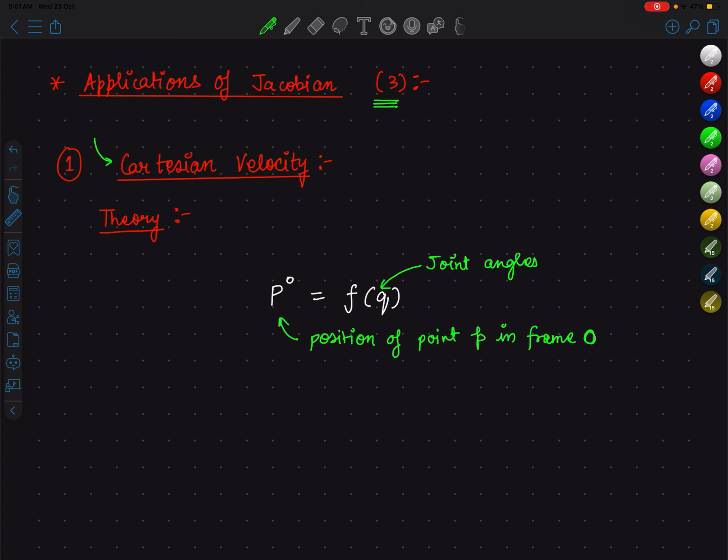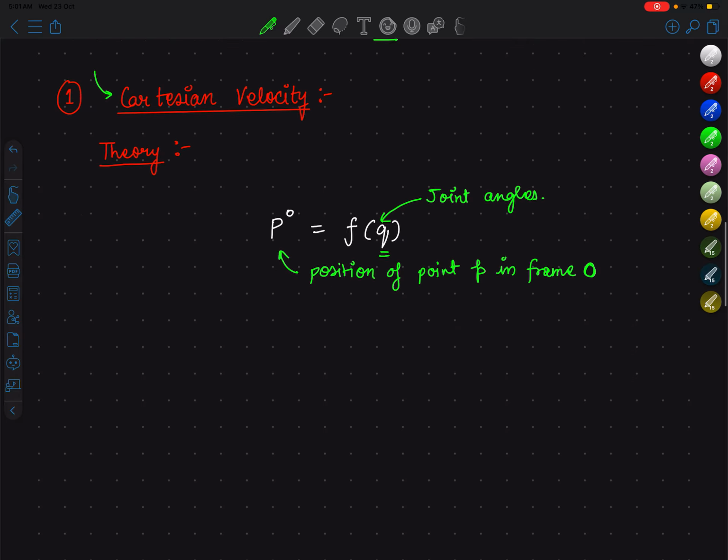I'll not draw the diagram. This is basically the forward kinematics. You give the joint angles, and there is a function that gives you the position of the point P, where basically the end effector or whatever point we are considering.